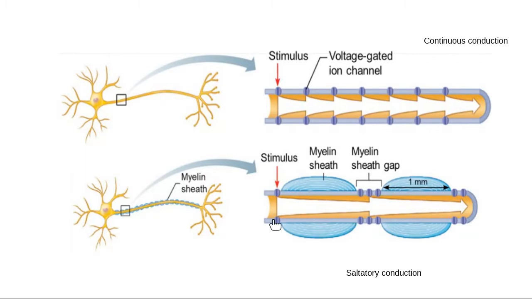When we're doing saltatory conduction, I can dash and then open them all at once and dash and open them all at once and dash. So whatever analogy works best for you, keep in mind that with continuous conduction, a neuron has to work a lot harder and it goes a lot slower compared to saltatory conduction, where we don't have to work quite as hard and that message goes a lot more quickly.